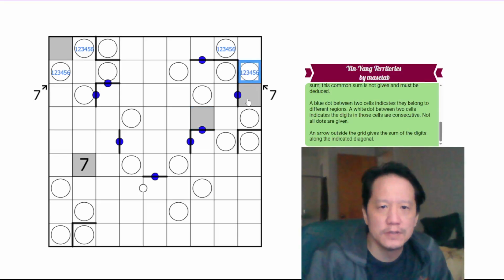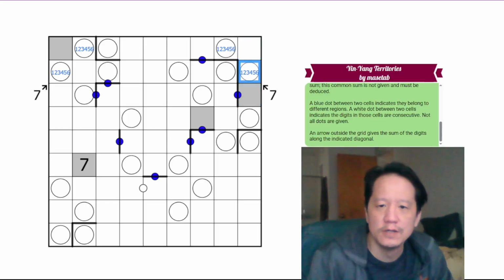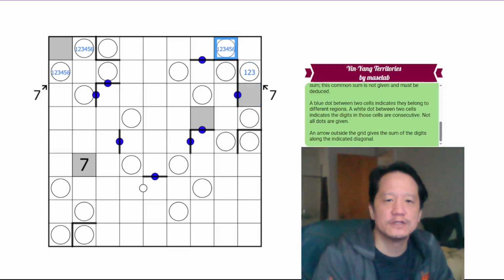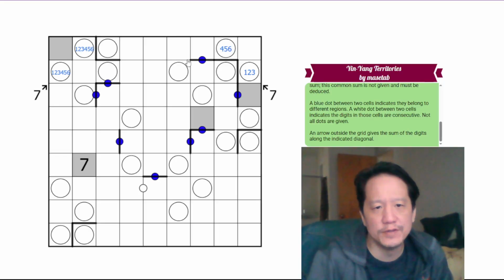This is either, it can be 1, 2, or 3. So this cannot be 4, 5, or 6. So this must be 4, 5, or 6 here. Since this is 4, 5, or 6, that means these 3 cells are the same boundary, or the same region. Therefore, this has to be a different region than that circle.